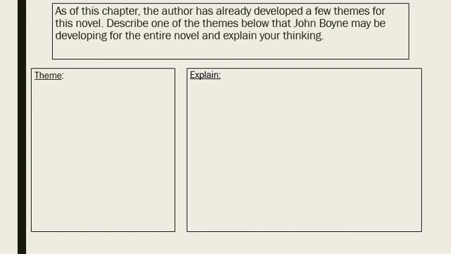And so we're going to see how that can play a role in the story. Bruno is very naive and very childish, so maybe the innocence of being a child, and how that can affect the character. Remember, a theme is the message. What do you think, based off of these 3 chapters, the author wanted you to know already?